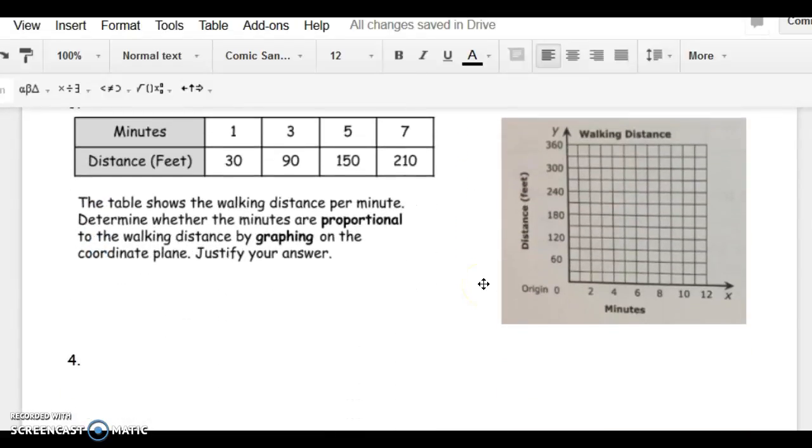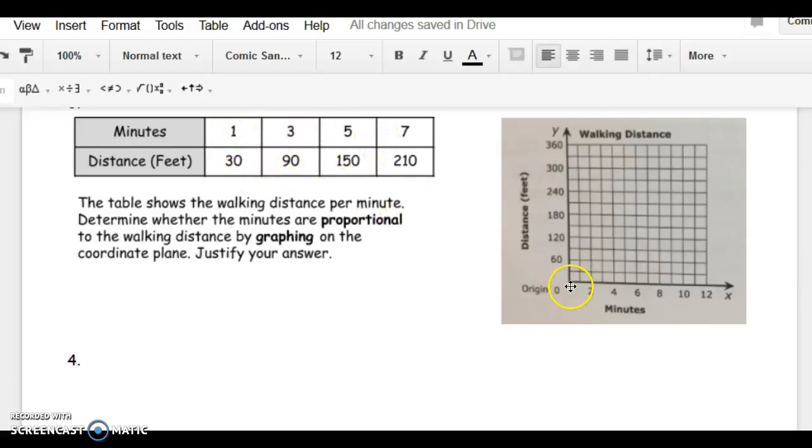This second one, the table shows the walking distance per minute. Determine if the minutes are proportional to the walking distance by graphing on the coordinate plane. Justify your answer. Now, I can't draw little dots on here, but you're supposed to take these coordinates and graph them.